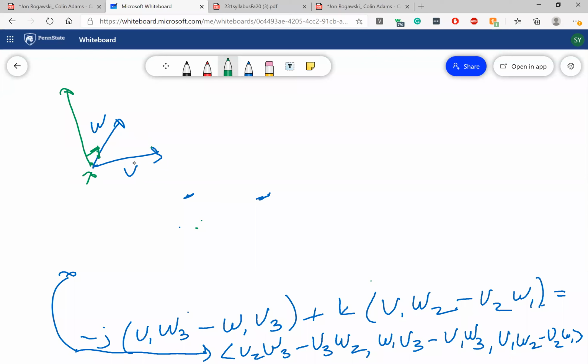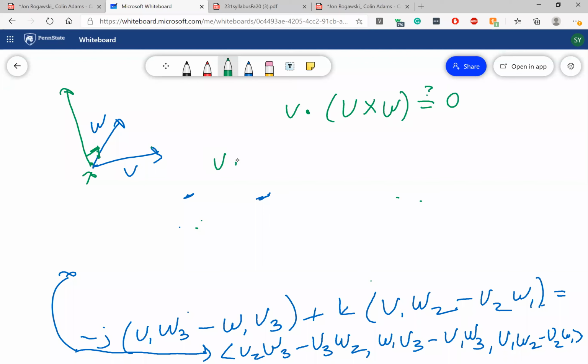Not trying to understand that it's true, but let's at least just try to prove that it is true. So we know that if a vector is orthogonal to another vector, then their dot product is 0. So if I take the dot product of v with v cross w, the question is, is this thing equal to 0? So let's do it.